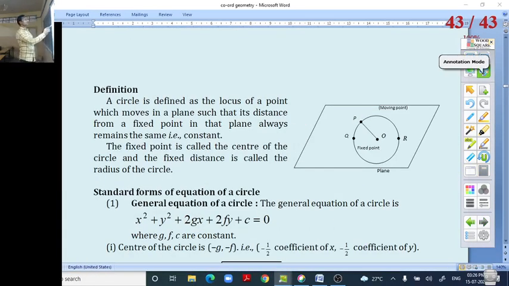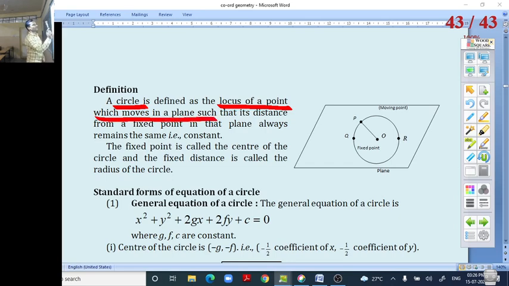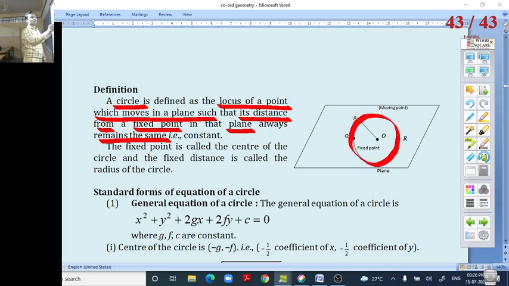You can see that a circle is nothing but the locus of a point which moves in a plane such that its distance from a fixed point in the plane is always the same. You can observe that the distance everywhere is the same. Then I can say that it constitutes a circle.